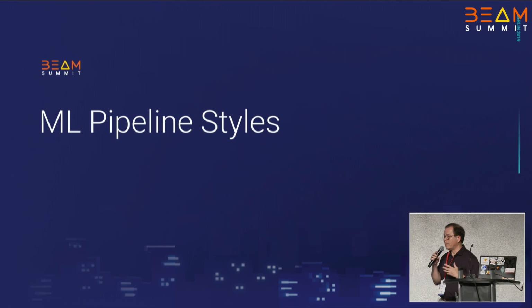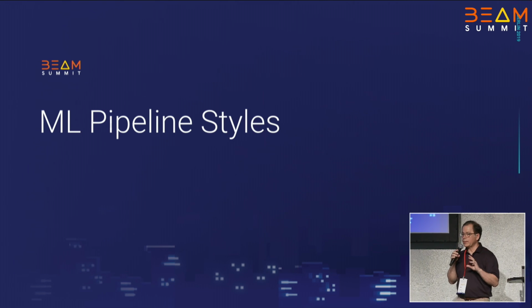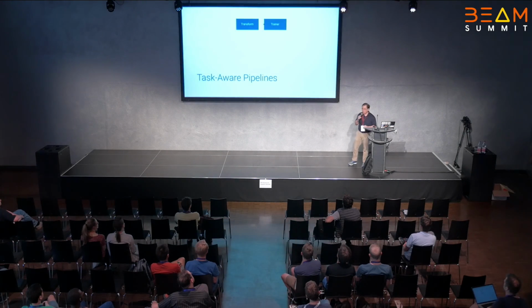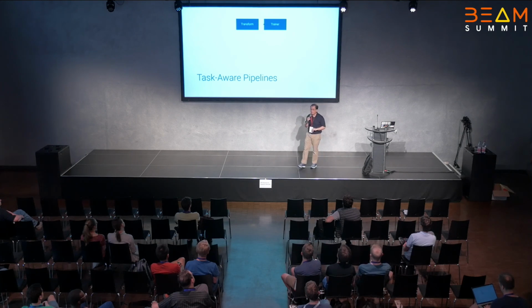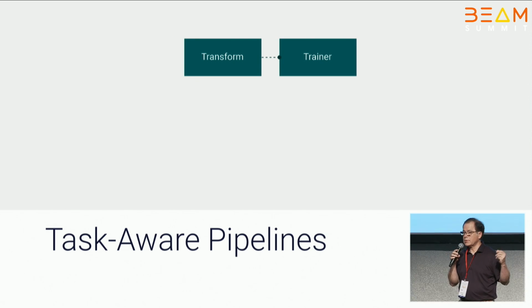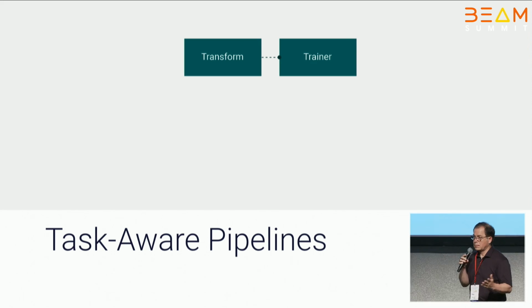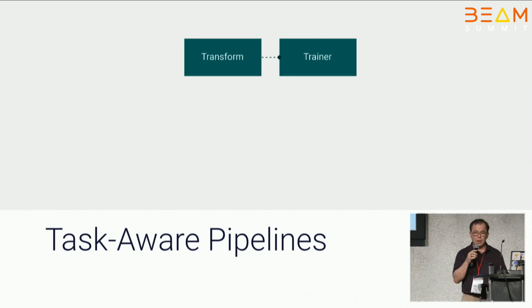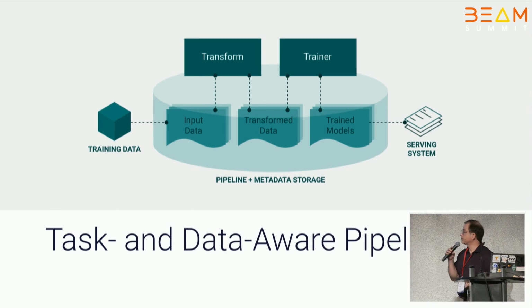So let's talk about pipeline styles for a second, because there's a particular style that we've chosen, and I think it's good to understand why. You could, and this is perfectly valid, you could just do a task-aware pipeline, where you simply run one task, you wait for it to finish. When it finishes, you kick off the next task in the sequence. That's fine, works, but if you do more, you get a lot of benefits.